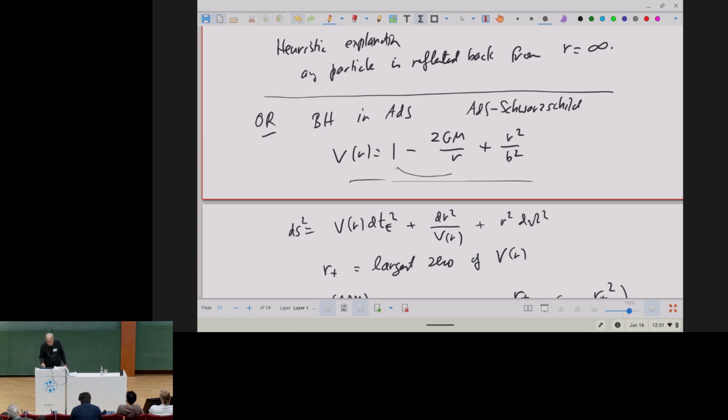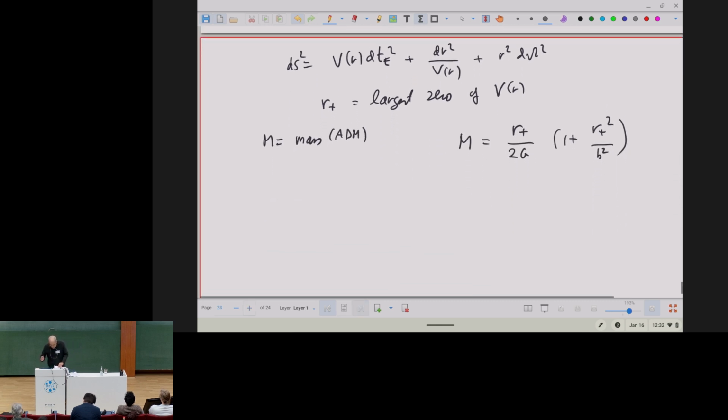On the other hand, if M is sufficiently large, the black hole can't be approximated at all by an asymptotically flat black hole, because if M is too large, this term becomes important before this one does. So when this term becomes important at smaller r than this one, we have approximately a flat space black hole embedded in anti-de Sitter space. In the other region, we have a very big black hole in an asymptotically anti-de Sitter space-time, but it's completely different from a flat space black hole in asymptotically flat space.